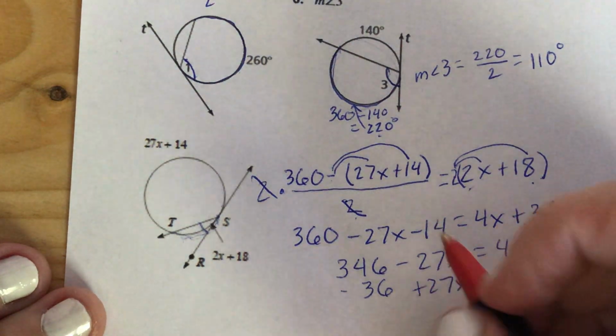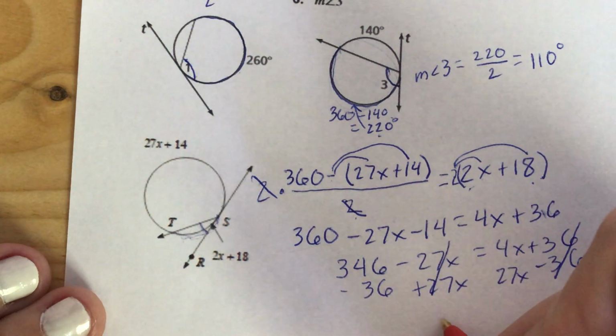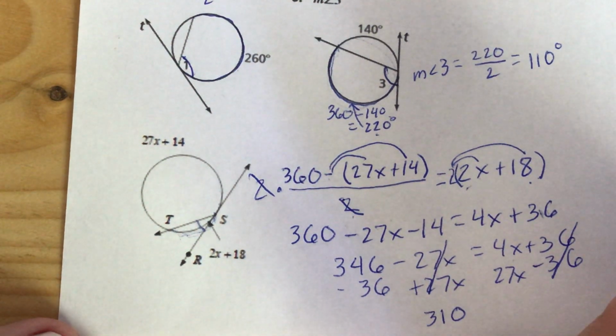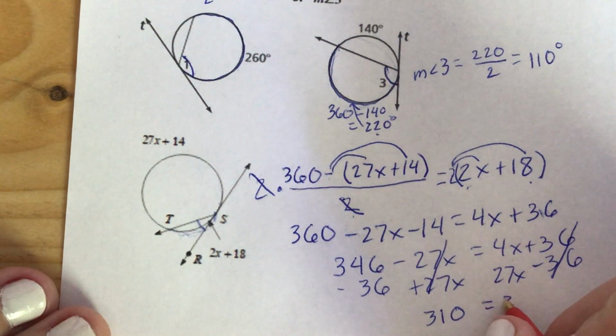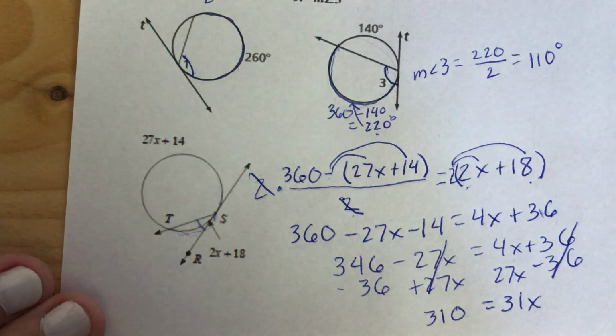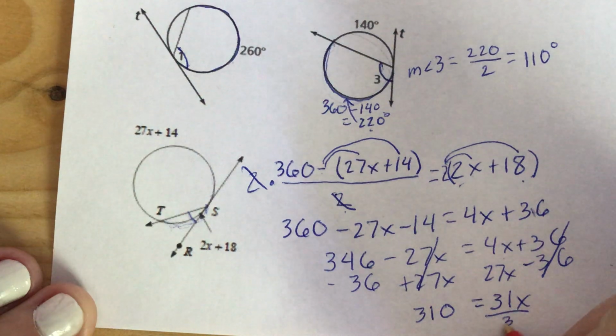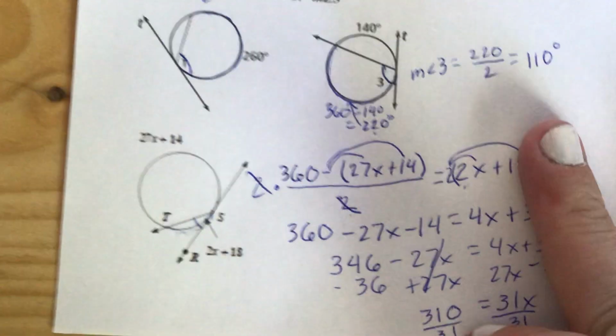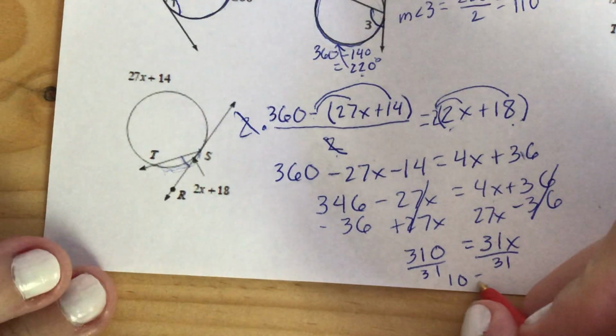So I'll cross these out, and here we get 310 is equal to 31x. And that looks like a pretty great number, right? Because if I divide by 31, I'll just get 10. 10 is equal to x.